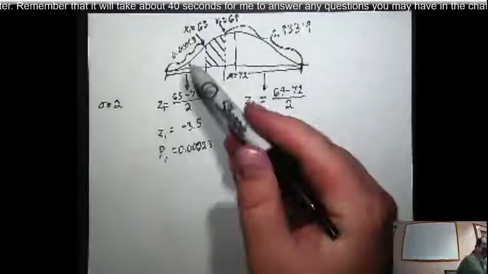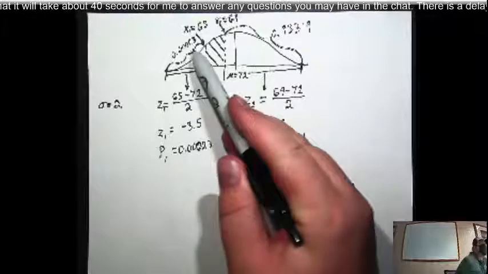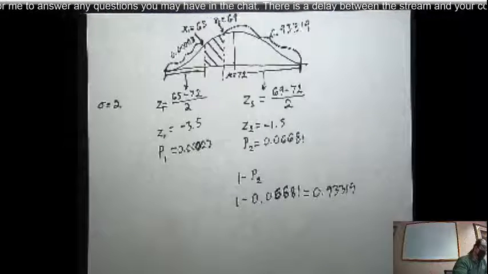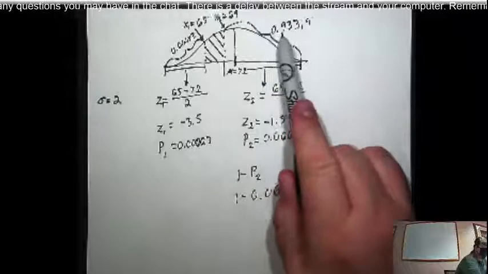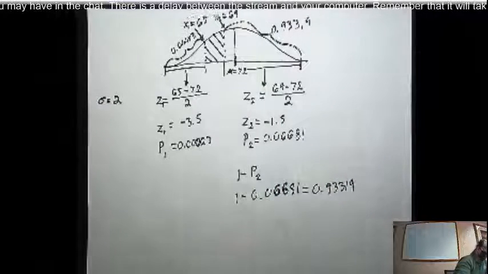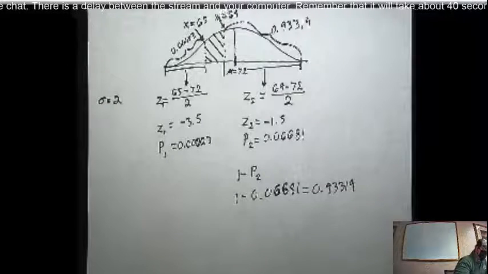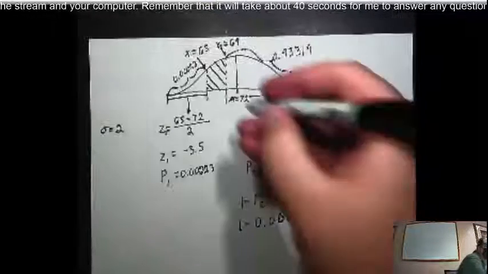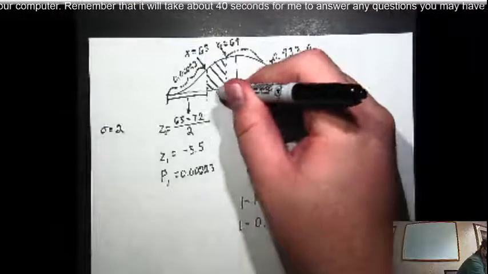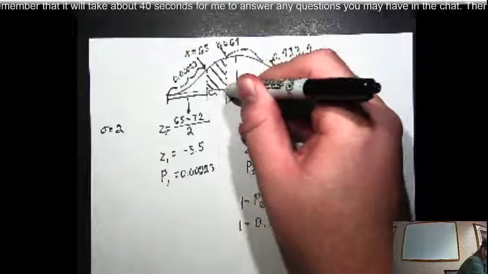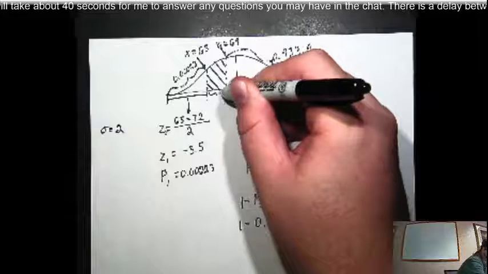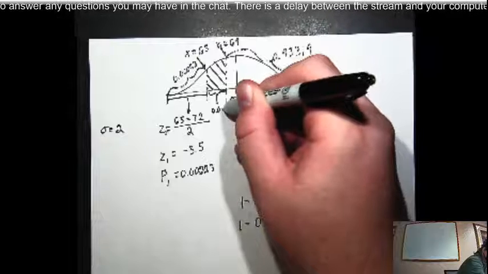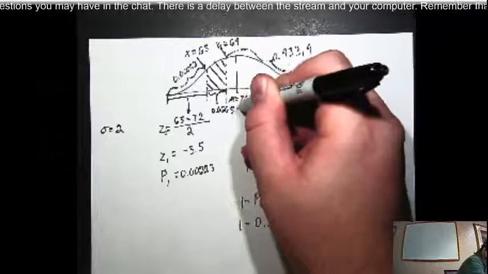So 1 minus 0.00023 and then minus 0.93319 gives us that this part right here is 0.06658.